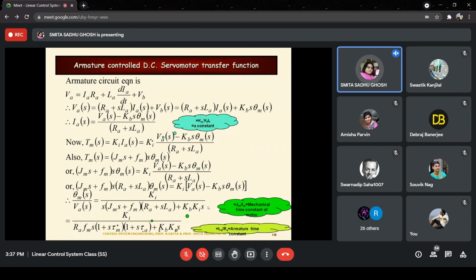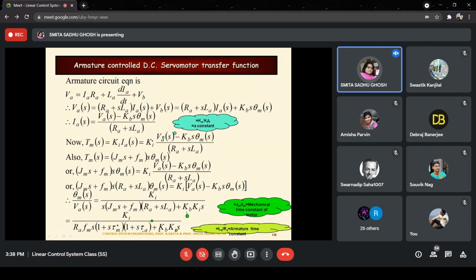So over here, apart from the damping which is produced due to Fm and Ra, because we have S into Fm into Ra, that will produce damping. Apart from that, we also have the back EMF term, that is KbKiS, which is also a first order term. So in this armature controlled mode, there is an added damping which we get due to the back EMF effect.